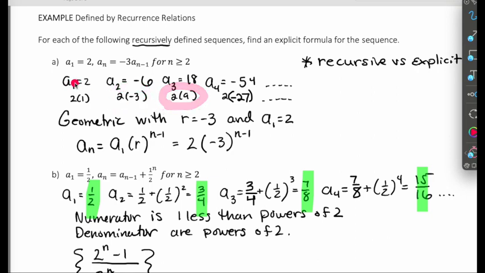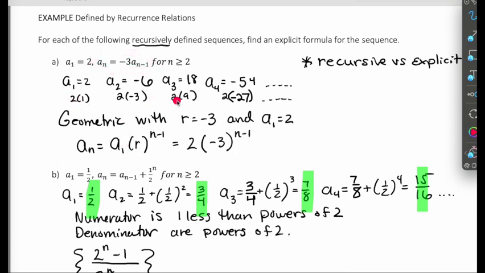So when I was trying to find this, I noticed that all of these terms have a factor of 2. So when I was goofing around with it, I pulled out a factor of 2 and I found that the factors left over are all divisible by 3, or they have a common ratio. Keep multiplying by negative 3 to get the next term, which basically tells us what is in this definition here.